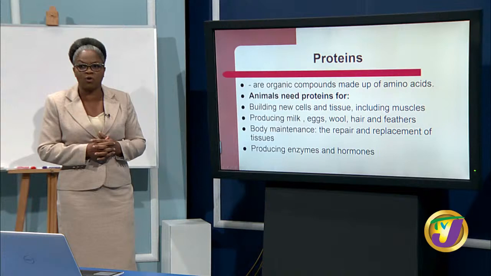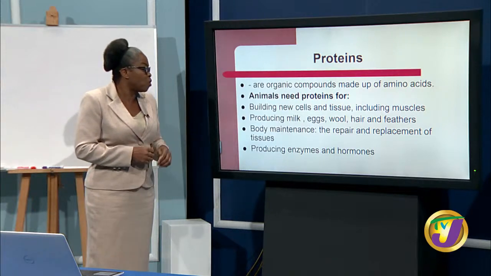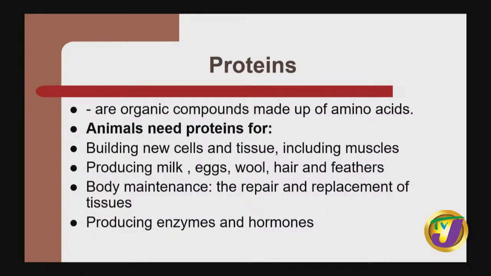Let's move on now to look at proteins. Proteins are organic compounds made up of amino acids. Animals need proteins for building new cells and tissues, including muscles, and for producing milk, eggs, wool, hair, and feathers.